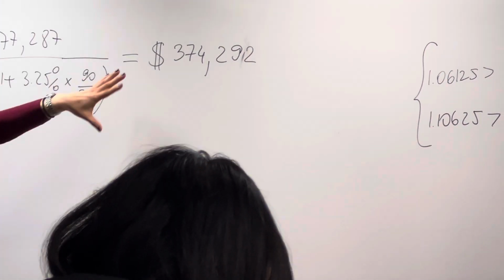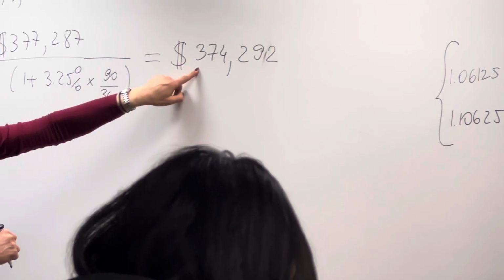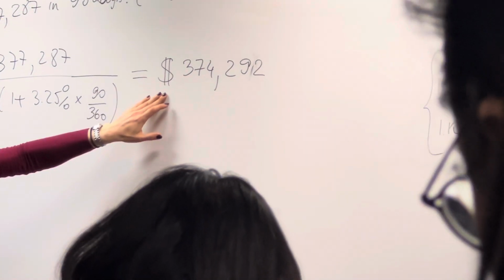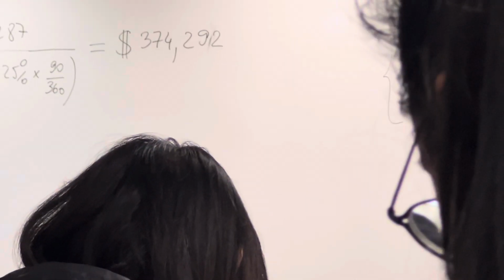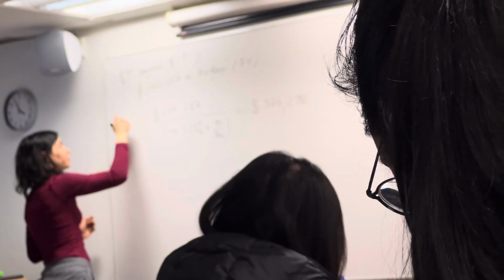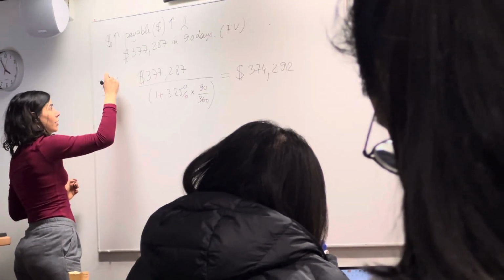Okay, so what does this mean? This is the present value of this amount in dollars, which is our payable. But it also means that it is the present value of this receivable that we want to get to implement this hedge. So this is today's value, in today's money.